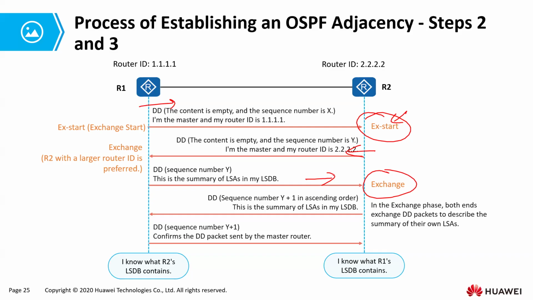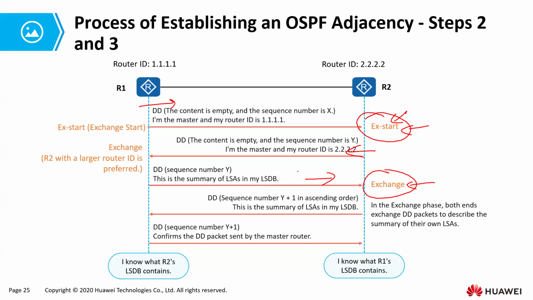Comparing is where we go through my request and advertisement. In my states here, we have the exchange start and the exchange. Exchange start is the beginning of our exchange. Exchange is when we have exchanged all database descriptions between my routers R1 and R2. In this case, however, multiple exchanges are written.